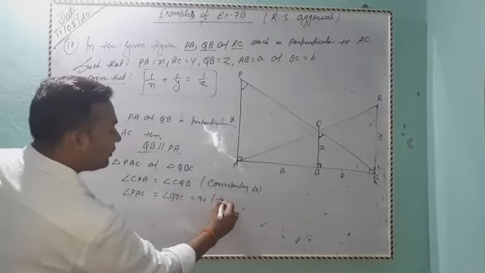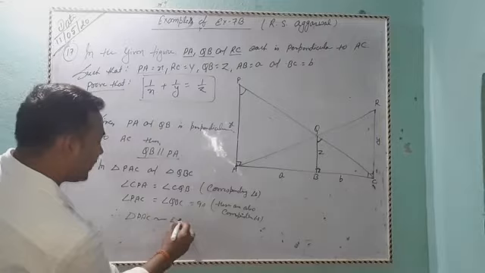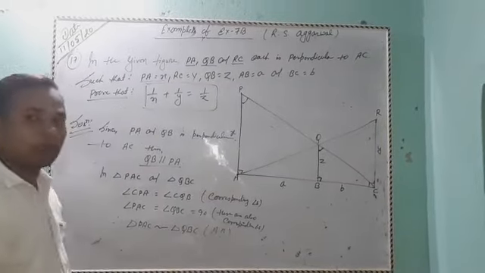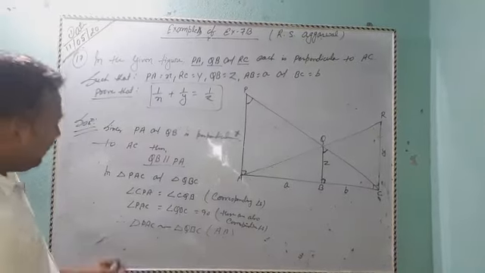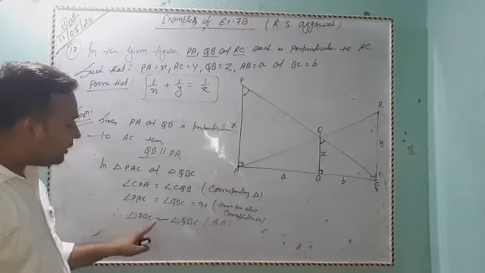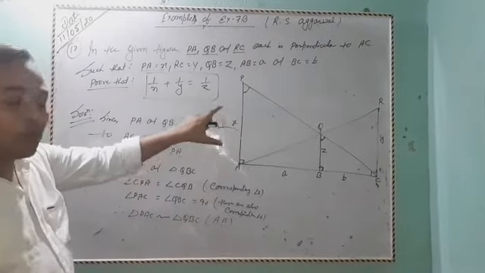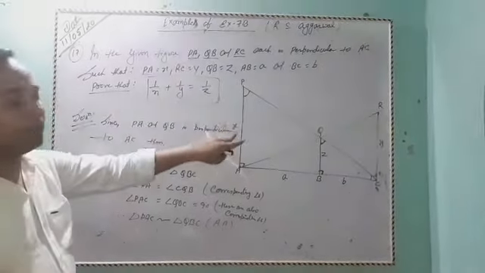These are also corresponding angles. And then we say that triangle PAC is similar to triangle QBC, by angle similarity. If triangle PAC is similar to triangle QBC, then corresponding sides are proportional in both triangles.